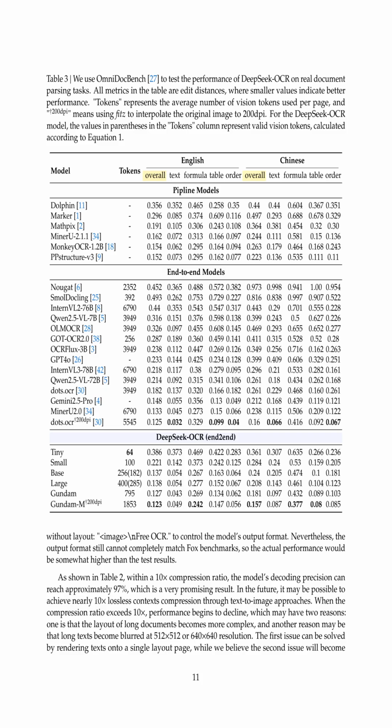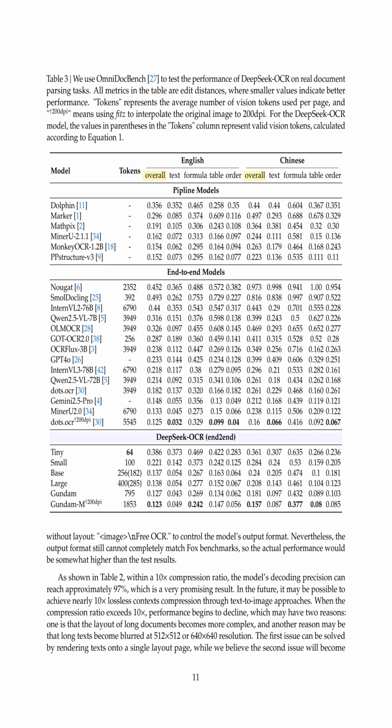Qwen2.5-VL-7B, 3949 tokens, 0.316, 0.151. olmOCR, 3949 tokens, 0.326, 0.097.